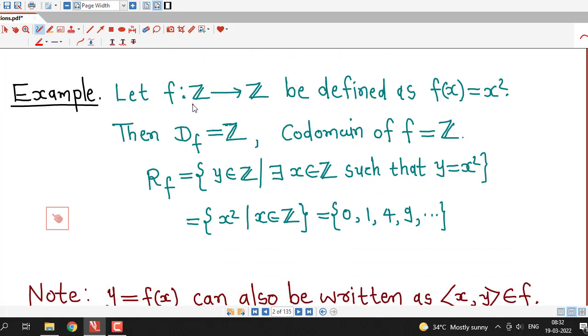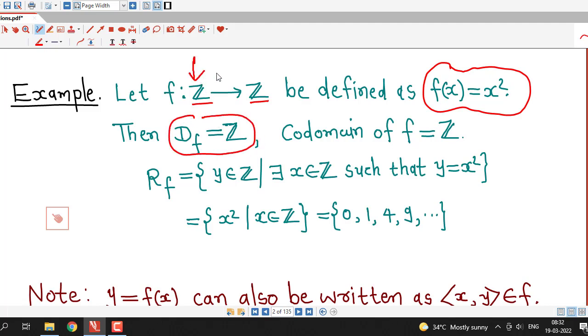This is another example of a function. Here I have taken the domain and codomain as the set of integers, and I consider this formula to define a function. So here the domain of the function is the set of integers, and the codomain is also the set of integers. Range of f equals those values in the codomain such that there exists x in the domain such that y = f(x), and f(x) is x square.